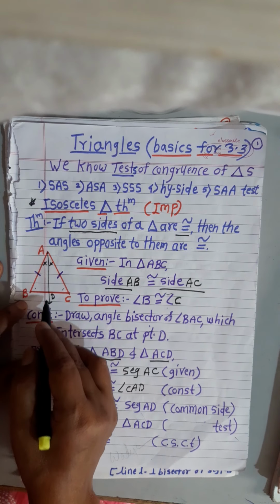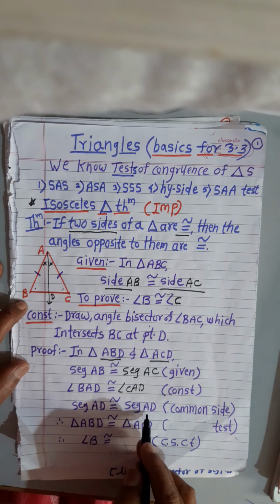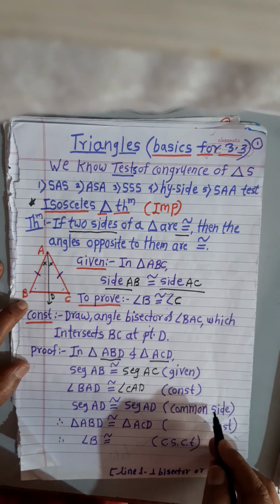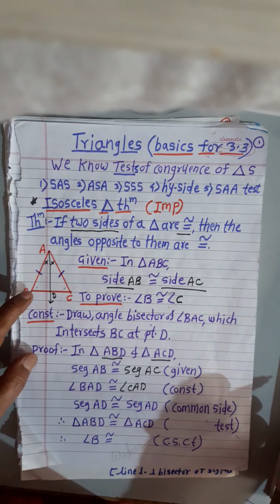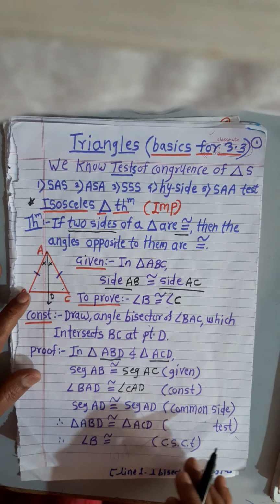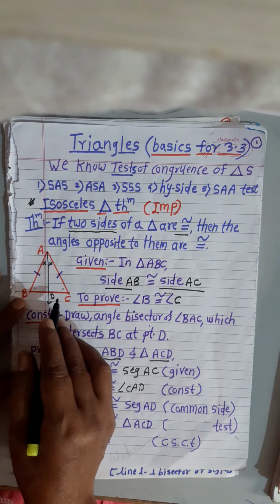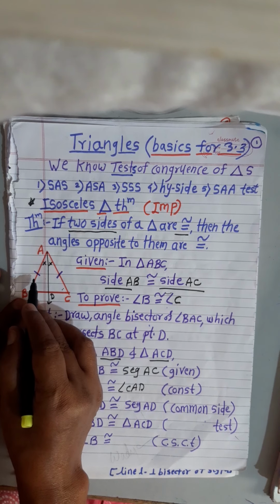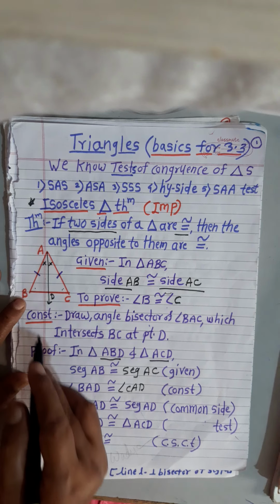And segment AD is congruent to segment AD. Why is it congruent? It is a common side. It is in this triangle also and in this triangle also, and therefore these two triangles are congruent by which test? SAS test.